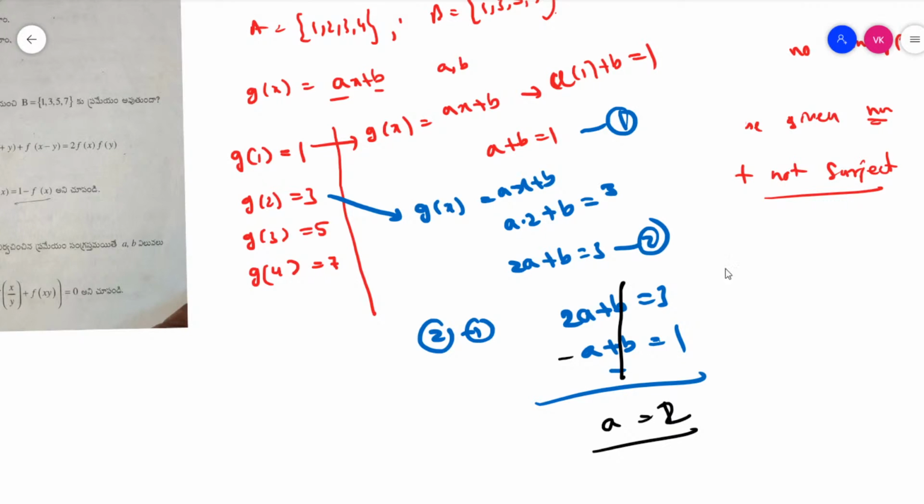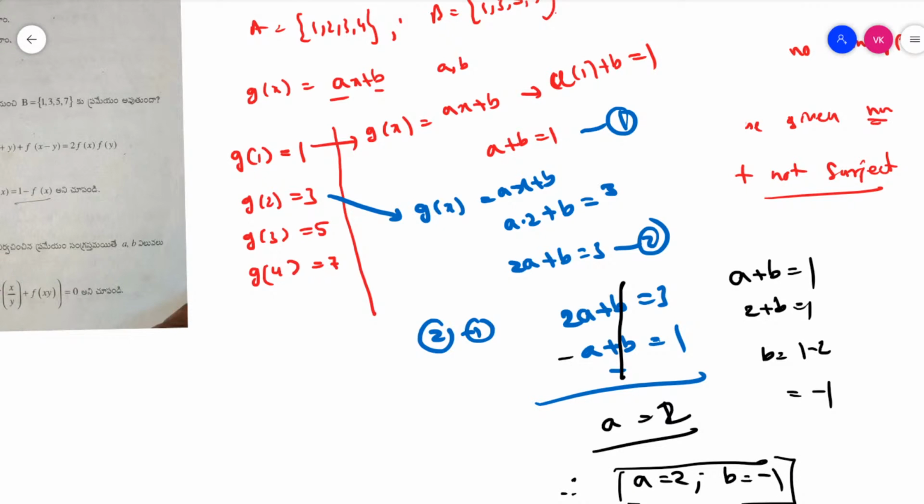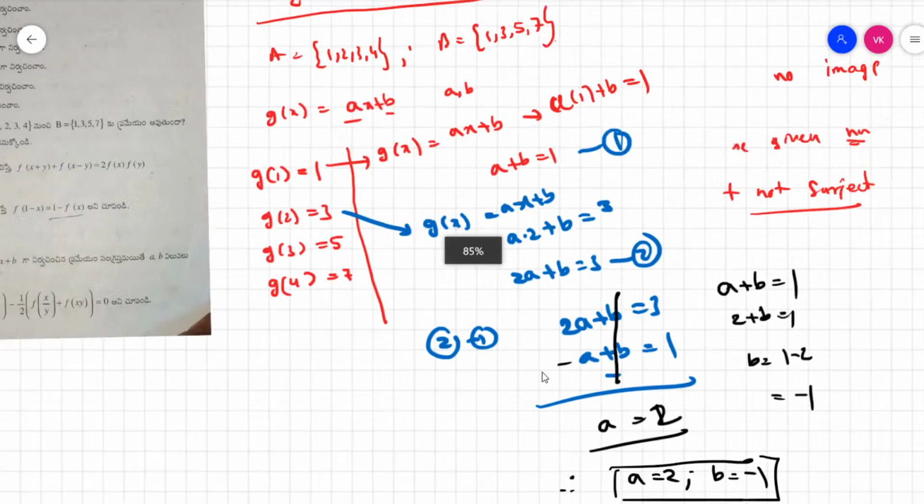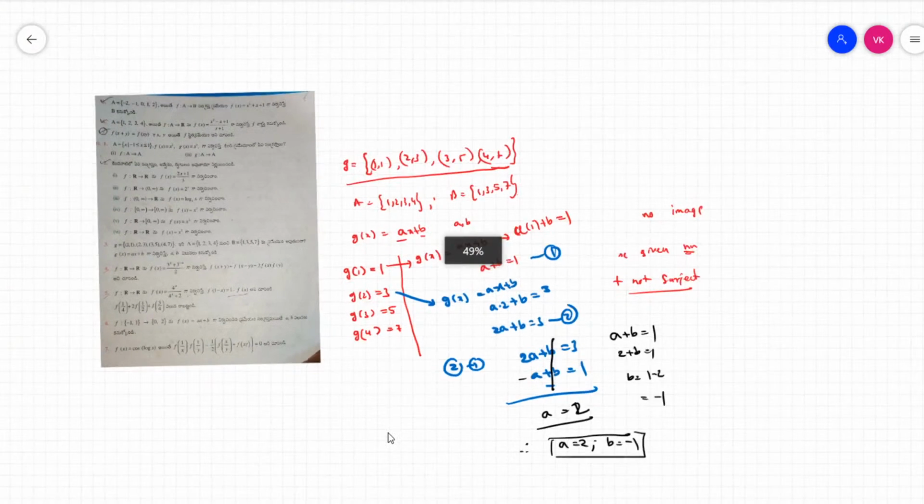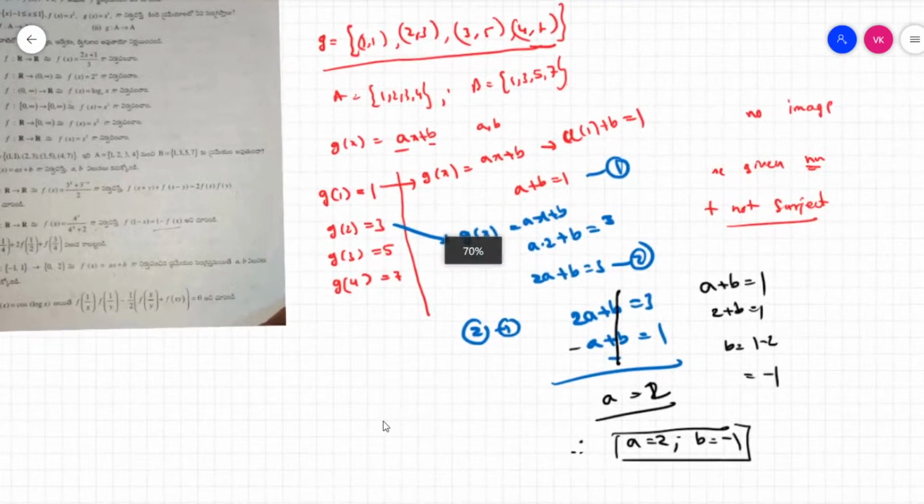Then a is equal to 2, but in the first equation we know that a plus b is equal to 1, then 2 plus b is equal to 1, then b is equal to 1 minus 2, that is equal to minus 1. Finally we got a is equal to 2 and b is equal to minus 1. Here is the answer. In this way we can easily find the answers. This is about question number 3.